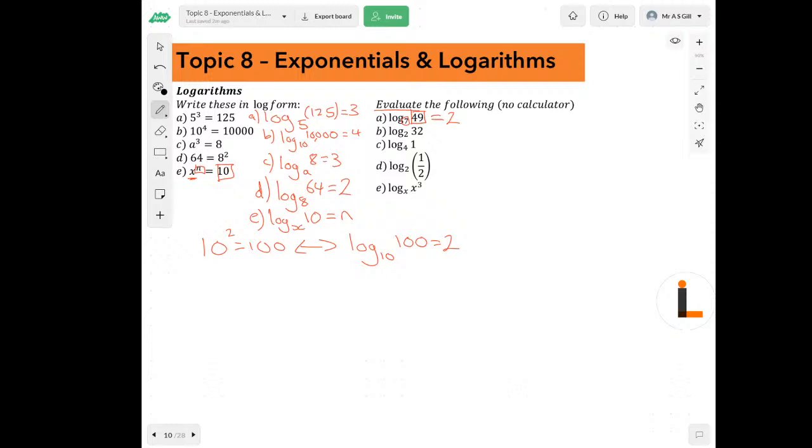So again, part B, you're asking what power of 2 will give us 32. So our answer here.